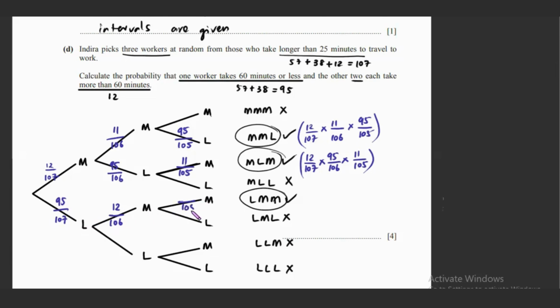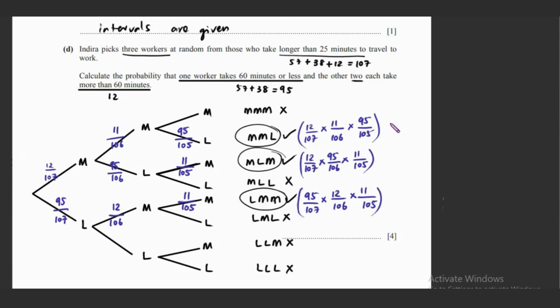So the total that we have is 105 now. Then already out of those 105 workers, there is one person out of these 12 workers who take more than 60 minutes selected already. So we will be left with 11 workers now. So it's going to be 95 over 107 times by 12 over 106 times by 11 over 105.